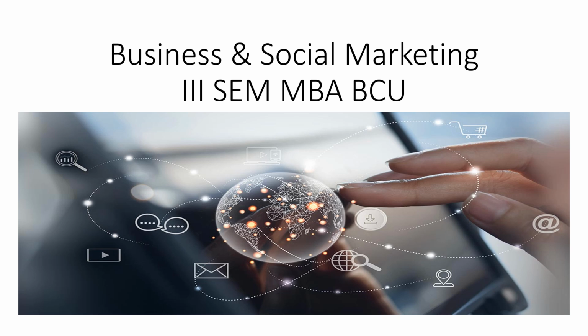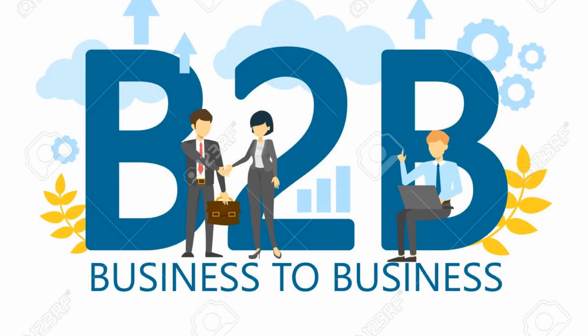So we'll see business marketing first. Business marketing is nothing but B2B marketing, where business products or industrial products are sold from one business to another business. Today we have many different forms of business, like B2C, C2C, and B2G.